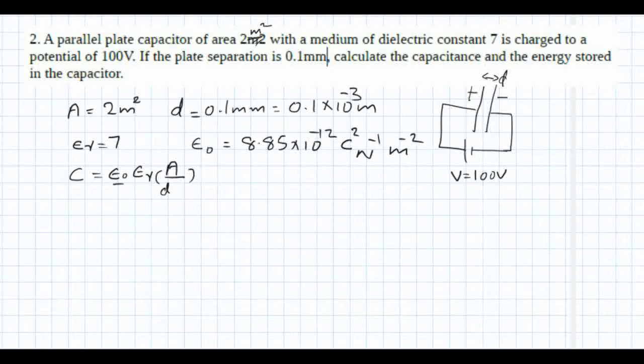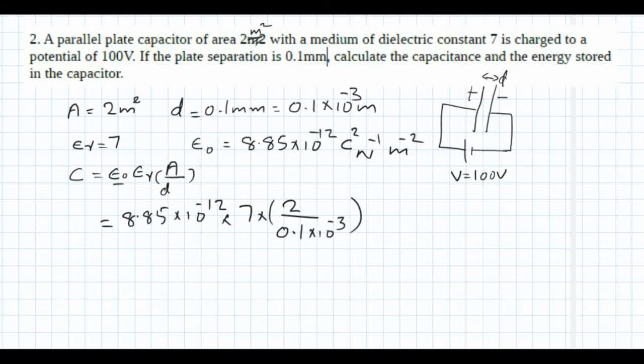So C is equal to 8.85 into 10 raised to minus 12, into epsilon r which is 7, into A which is 2 meter square, divided by d which is 0.1 into 10 raised to minus 3.